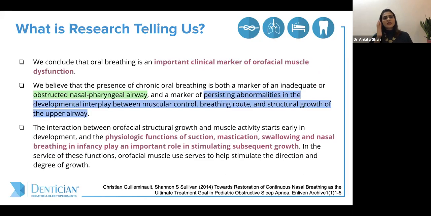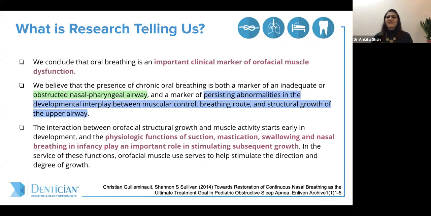So what they concluded in this research was that oral breathing is an important clinical marker that there has to be some form of muscle dysfunction. They also said that it is an important marker that there will be some obstruction to the nasopharyngeal airway, and there will be some disturbance to the interplay between the muscle tone, the breathing route, and the structural growth of the upper airway.